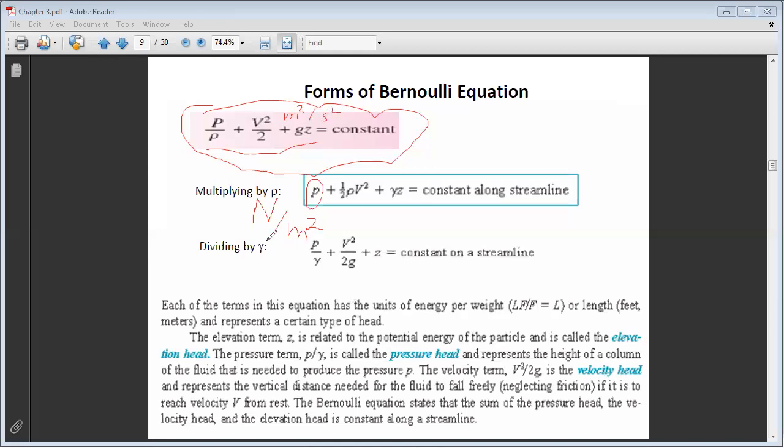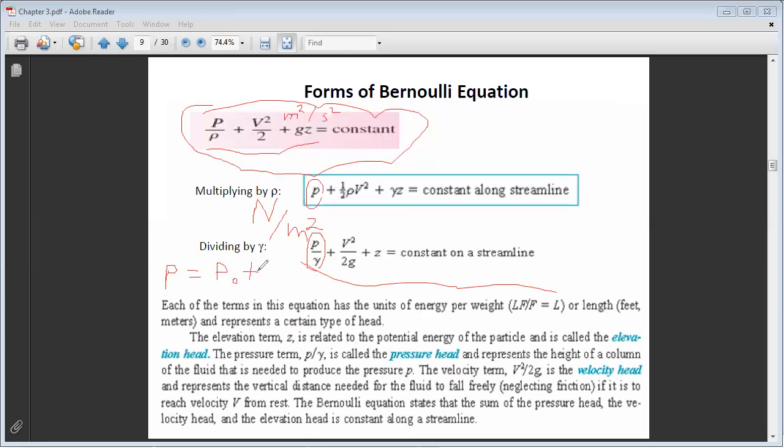And finally, another way to write the Bernoulli equation is to have all terms with units of length. If you divide these terms by gamma, you will get P over gamma plus V square over 2g plus Z. P over gamma is called the pressure head. You know from previous analysis of statics of fluids that the pressure is equal to P0 plus gamma times a certain height.